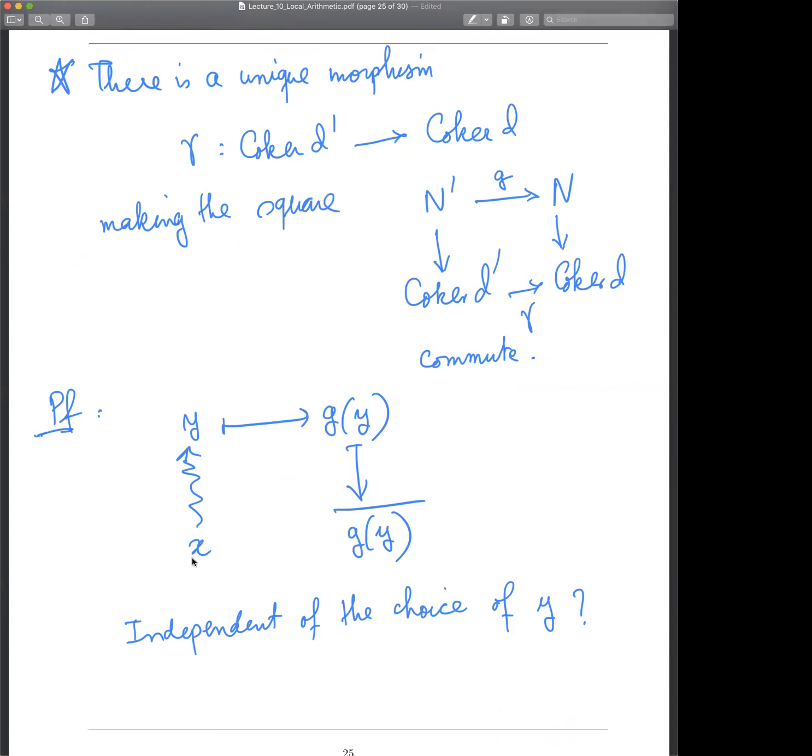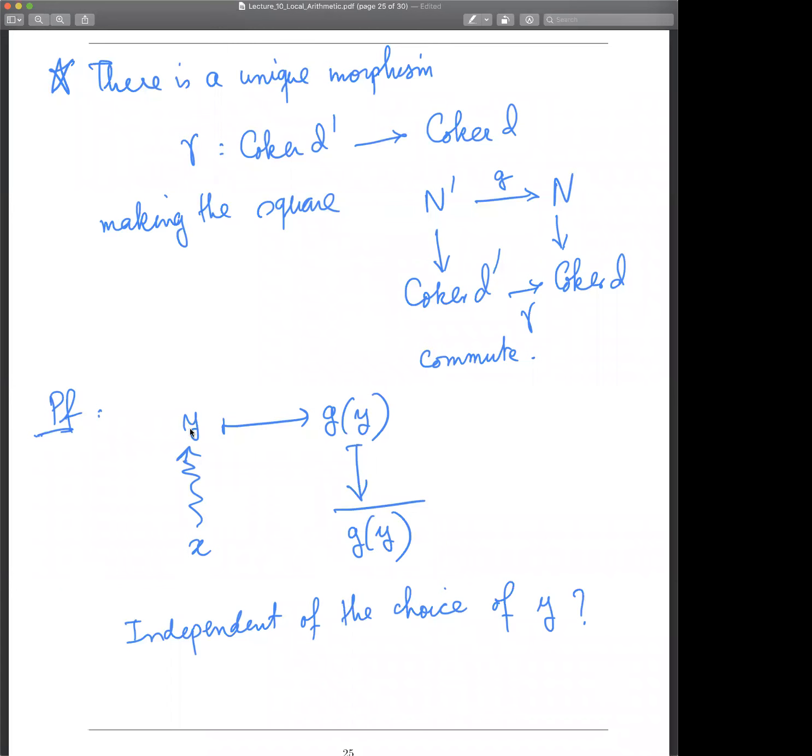So what I can do is to lift x to y, and then apply g to that y and then take the image, g y bar, of this g y. One has to check. So this is an attempt at defining a map. We have not yet defined it, because we haven't shown that this procedure is independent of the choice of y.